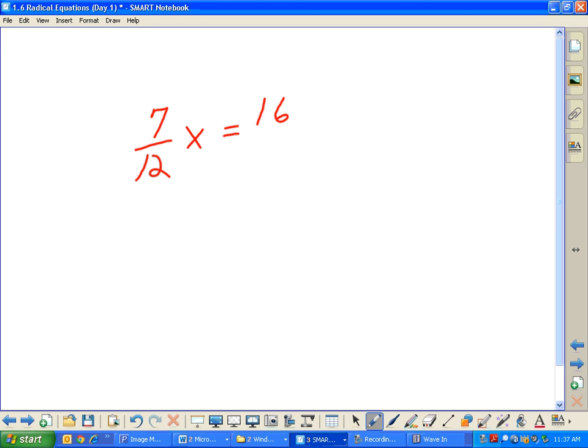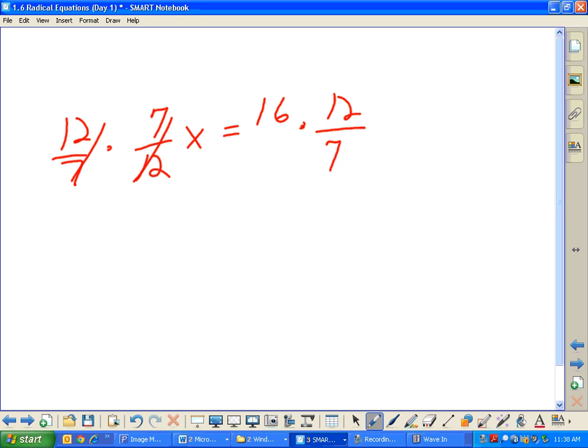So in this case, I have a question for you. How would I get rid of 7/12 if we use that second case that Brooke is just talking about? What would you multiply both sides by, Tammy? Very good, 12/7. Now, Eddie went ahead and picked kind of a messy number. But the idea here is that we could get rid of 7/12 by multiplying both sides by 12/7.